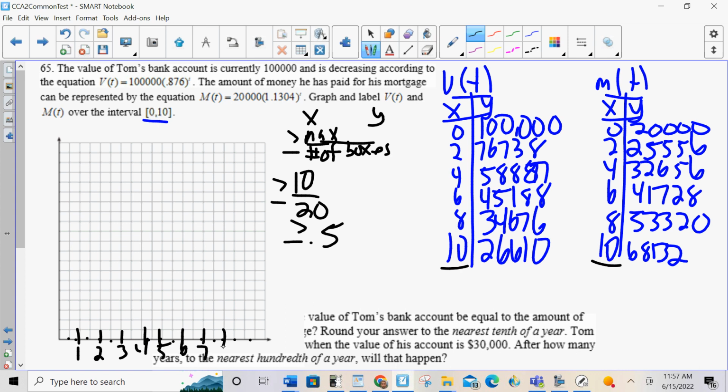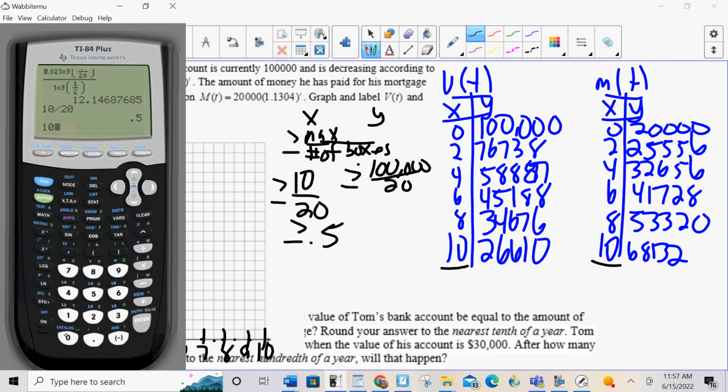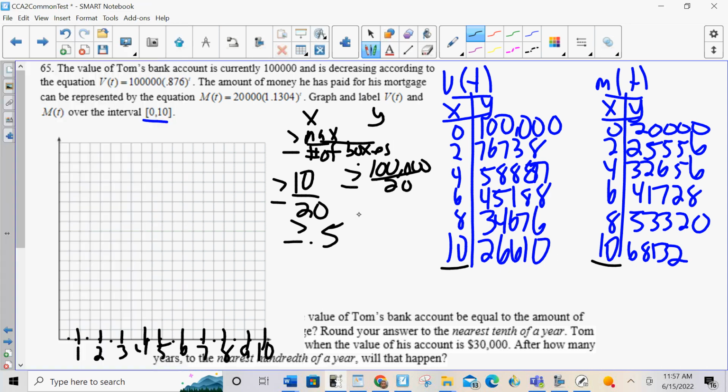So I label those. For my y's, my maximum value in my table is 100,000, and there's also 20 y boxes. 100,000 divided by 20, it must be greater than or equal to 5,000.